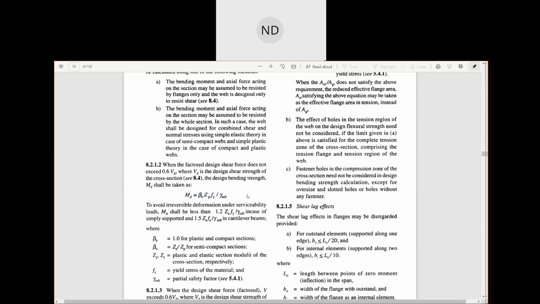Your moment is Md equal to βb Zp fy by γm0. So we have to calculate the design bending strength Md now. We will check whether the moment which we have calculated due to the loadings is coming to be less or more than this design moment, after knowing the sections. So here, βb is how much?